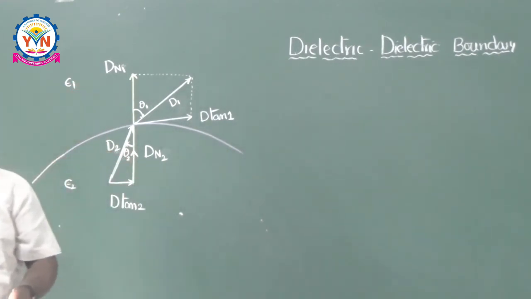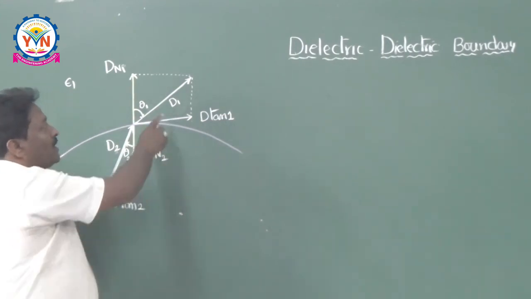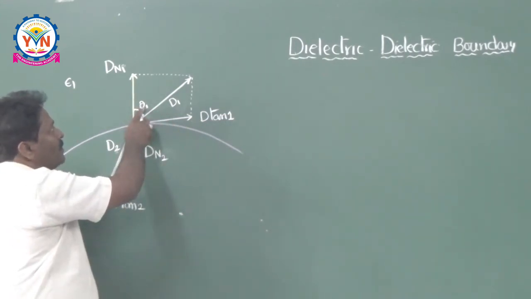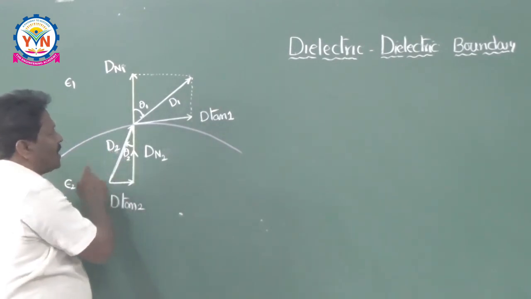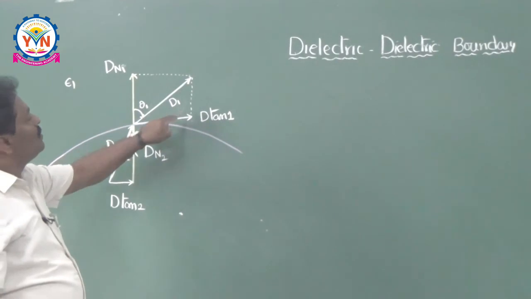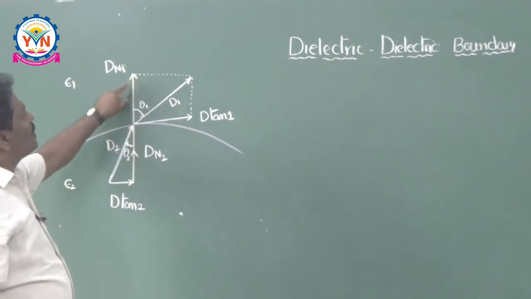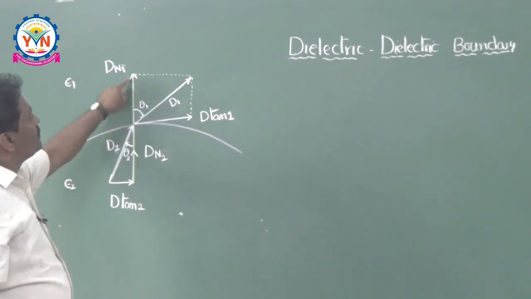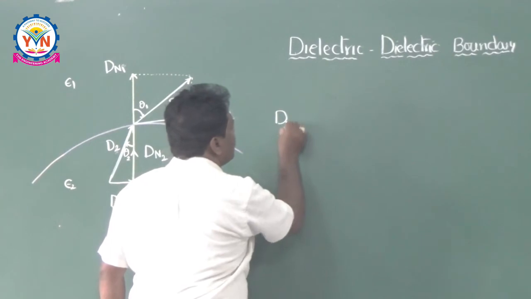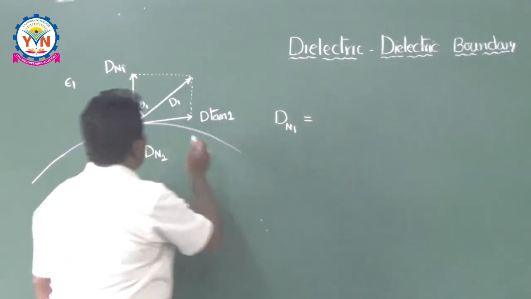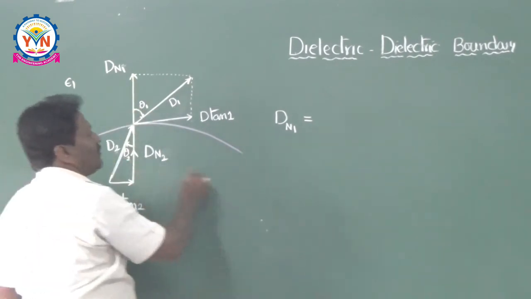So using this relation, now I would like to solve this problem, because D1 is making an angle θ1 with this normal and D2 is making an angle θ2 with this normal. Now considering the tangential components and normal components, what is the normal component from this figure? Dn1 is equal to, D1 is making an angle θ1, so D1 cos θ1.